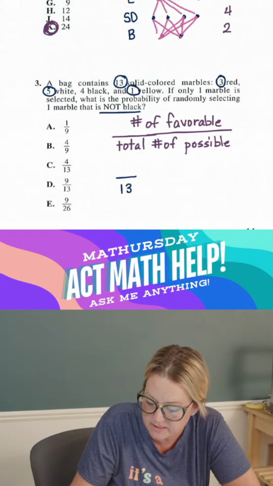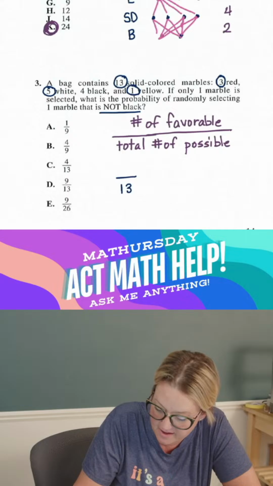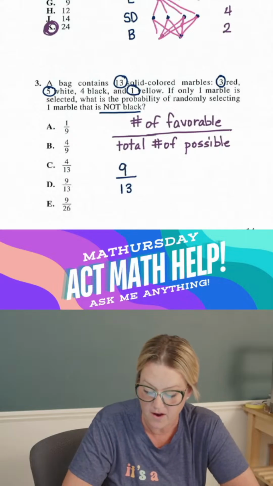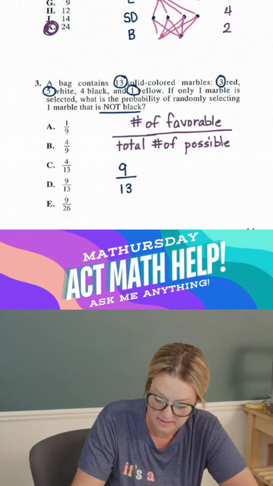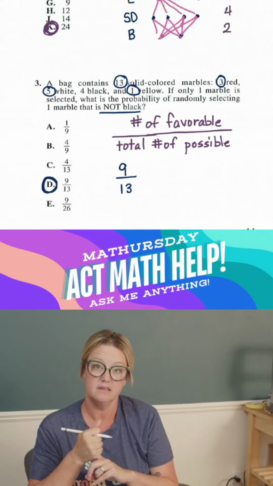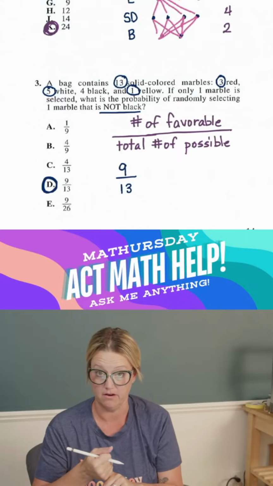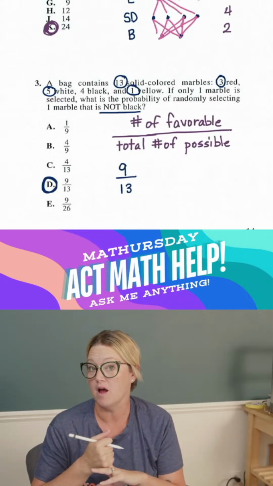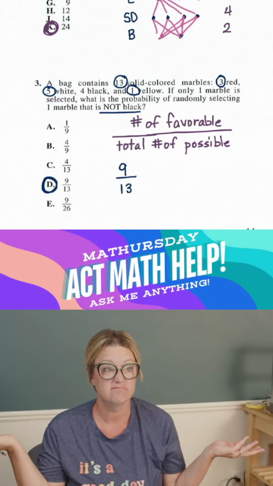So 3 plus 5 plus 1 is 9. Our answer here is D, because there are 9 marbles which are not black in color, and there are 13 possible marbles that we could have picked. There we go.